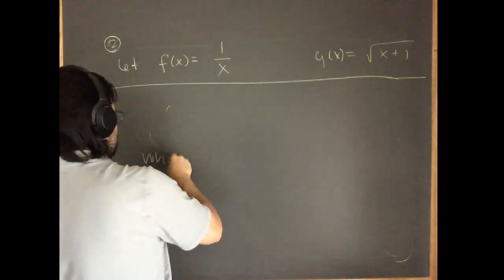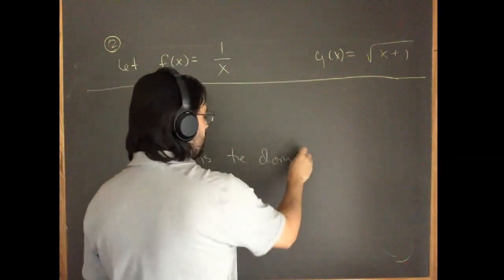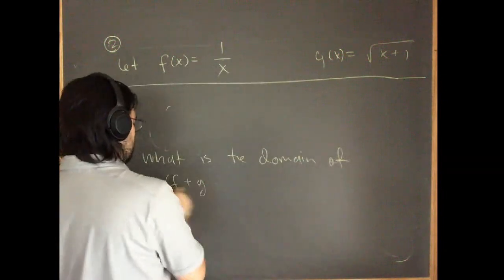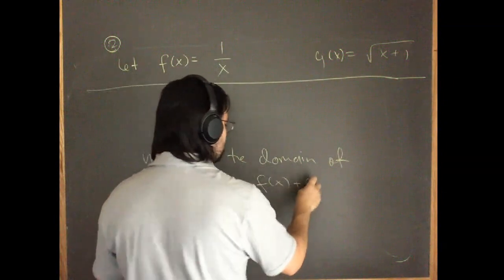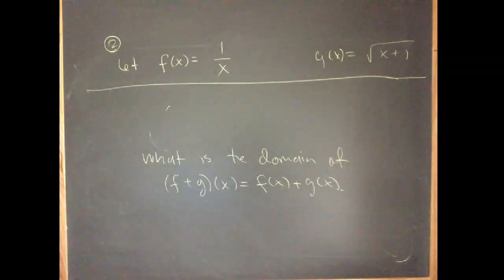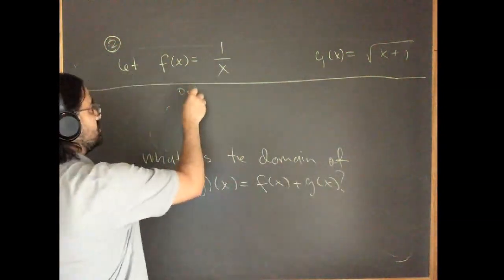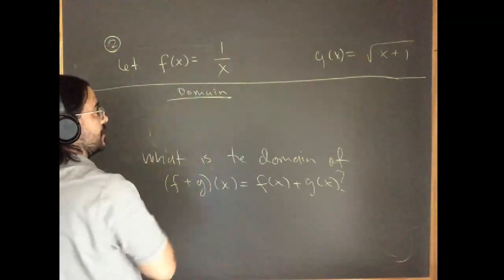What is the domain of the sum? And just as a reminder, the definition is f of x plus g of x, right? So what is that domain here? And we have to think about the domains of these pieces. So let me remind you of this. This domain is everything except for 0.